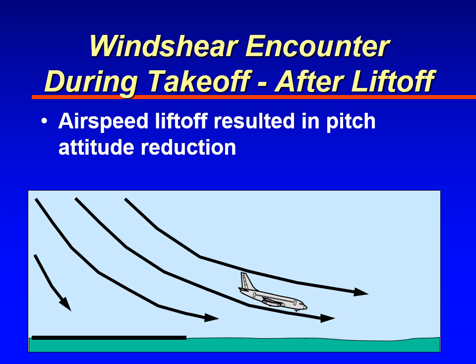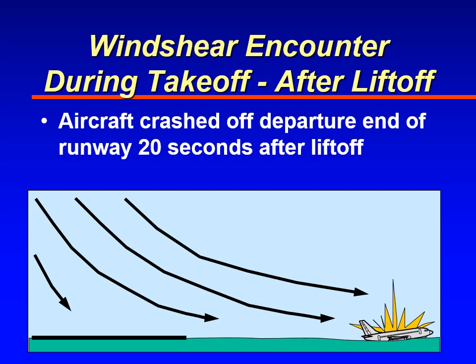Performance decreasing means that you'll see a loss of airspeed, and the resulting loss of airspeed will produce less lift, and also the airplane will want to pitch down to regain its trimmed airspeed. And if the pilot allows the aircraft to continue to descend, it will impact the ground and crash shortly after liftoff.